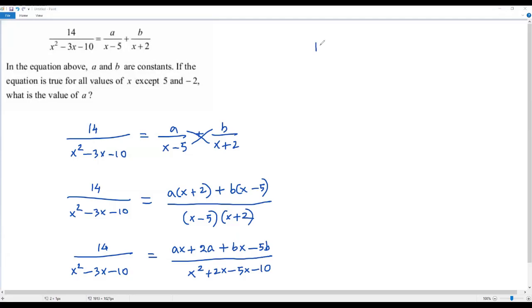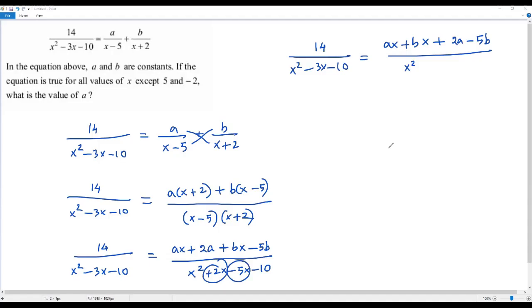Okay, now let me write it over here. 14 divided by x² − 3x − 10. On the right side we can write the x terms together, that is ax + bx, and now the constants together, that is 2a − 5b, divided by x². Here when I combine 2x and −5x, I'm getting −3x and −10.